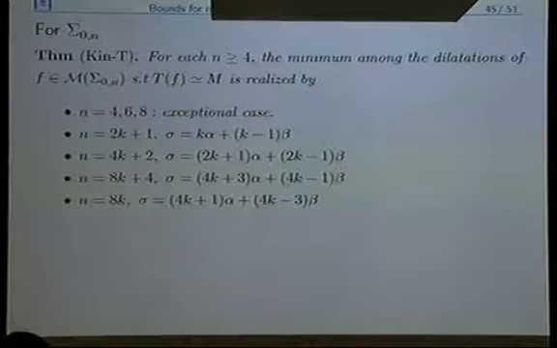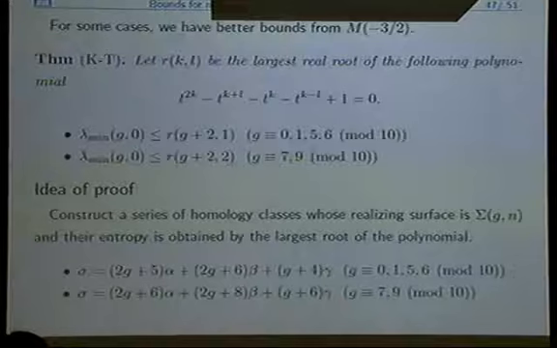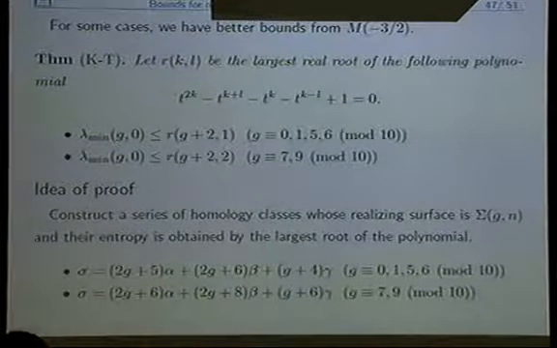For the punctured sphere and the closed surface bundle, Hironaka's result uses the -1/2 surgery of the magic 3-manifold, and we have better bounds using -3/2 surgery of the magic 3-manifold.